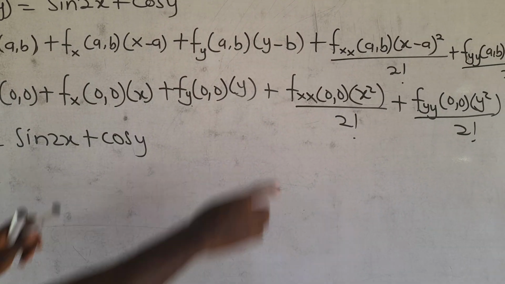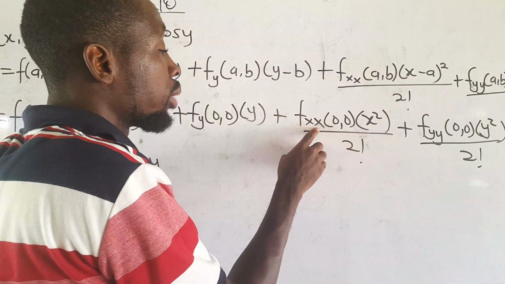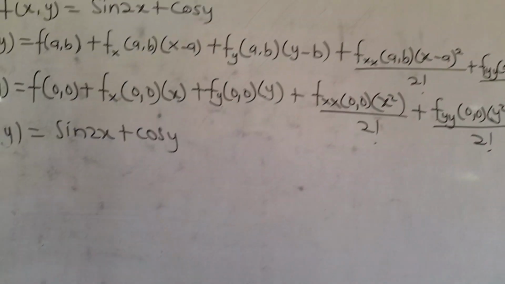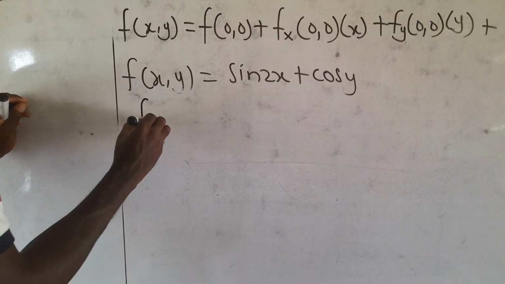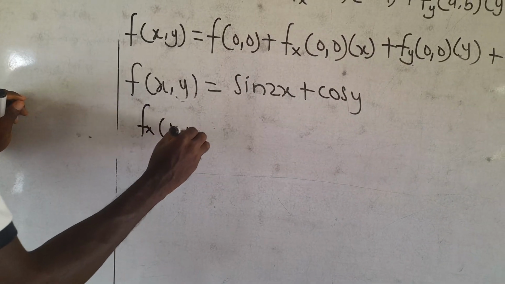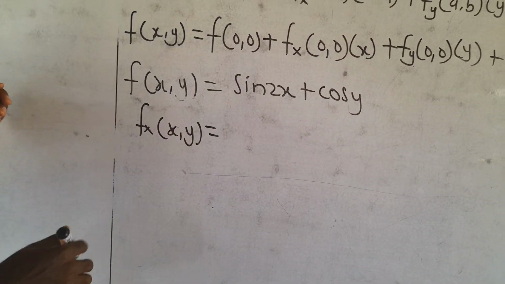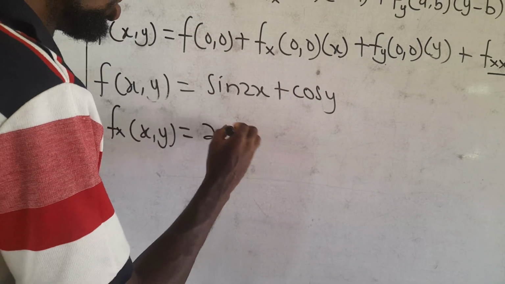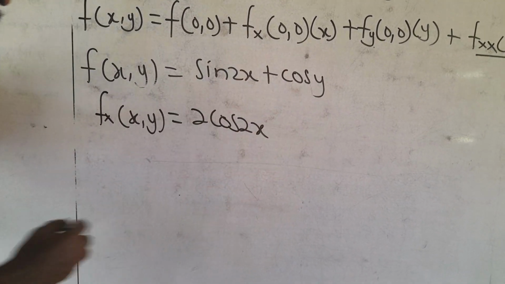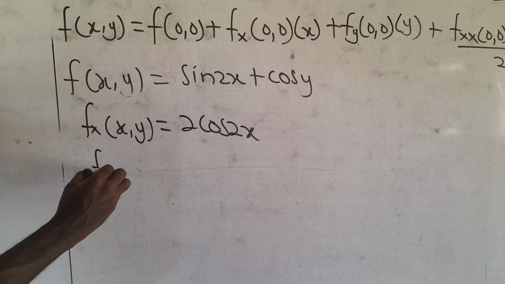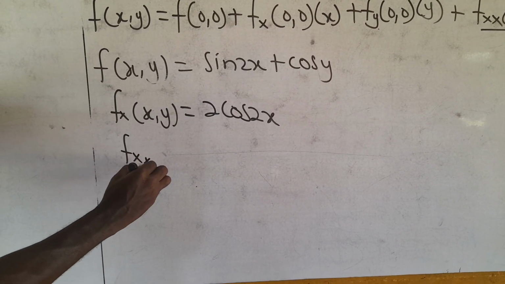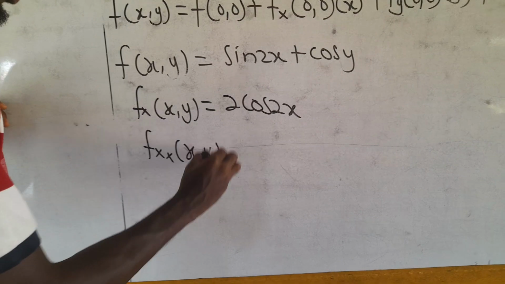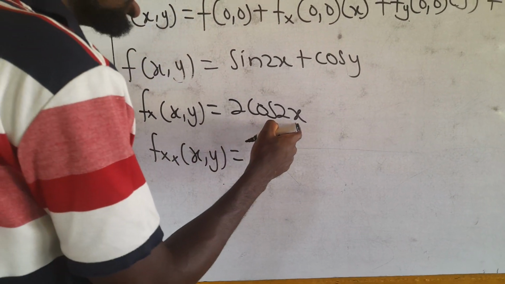So our next step is to find the partial differentiation of the function with respect to x twice, centered at 0, 0. So first we need to differentiate the function with respect to x. To differentiate this function with respect to x, remember the y will be held constant. So we get 2 cos 2x. Now we differentiate this function with respect to x again. We differentiate this, we'll get 2.